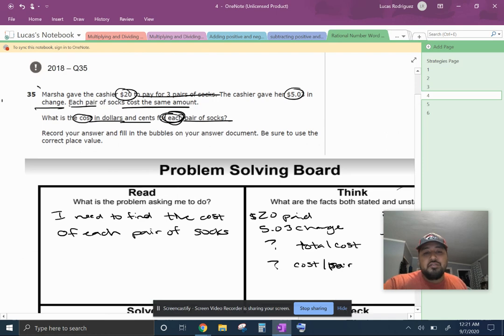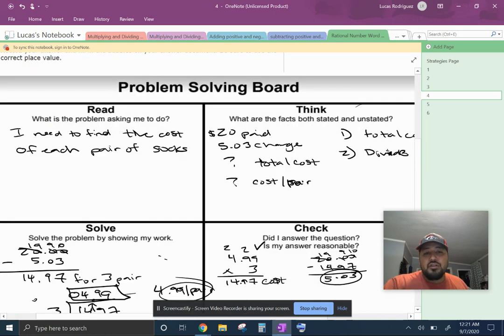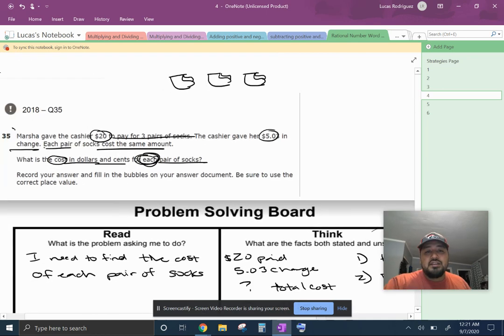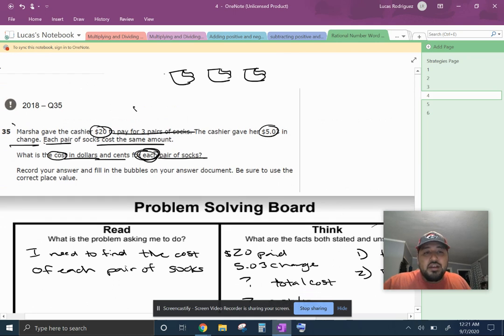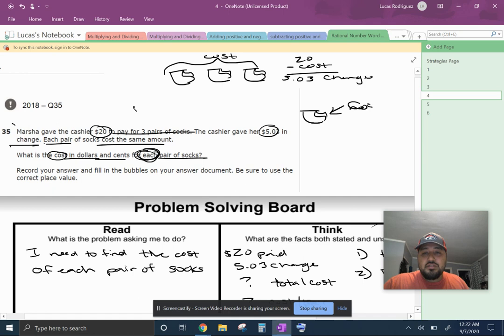One, I used my problem solving board to help me understand this problem. Second, I drew a picture. I knew that there was a cost to this, and 20 minus the cost gives me my change of $5.03, and I needed to find the cost needed for 1 pair.